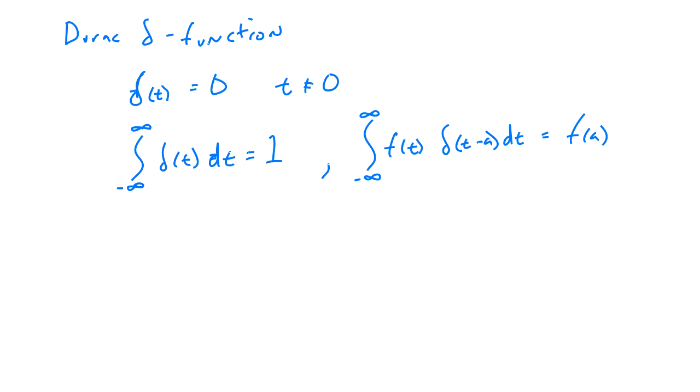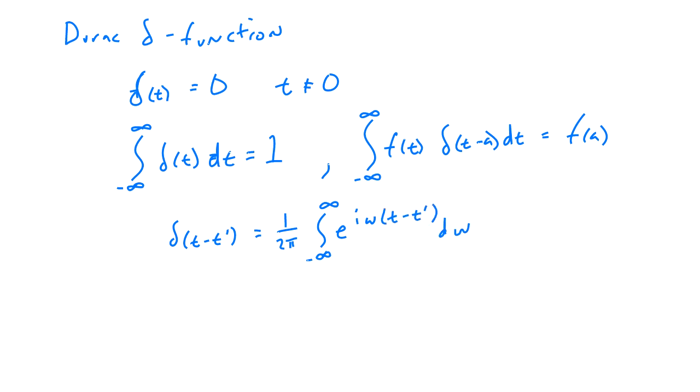So we know from before that the delta function of t minus t prime is just defined to be 1 over 2 pi times this integral from minus infinity to infinity of e to the i omega times t minus t prime, d omega.